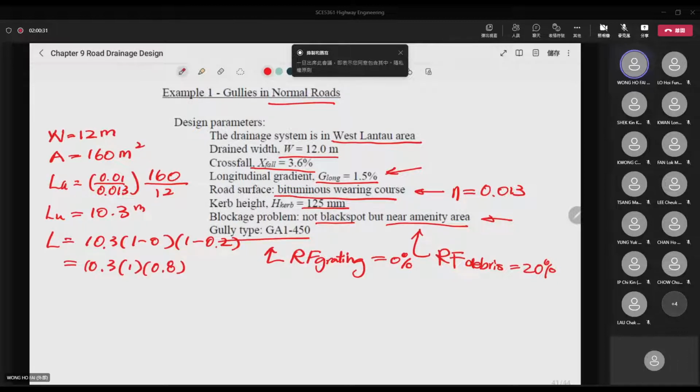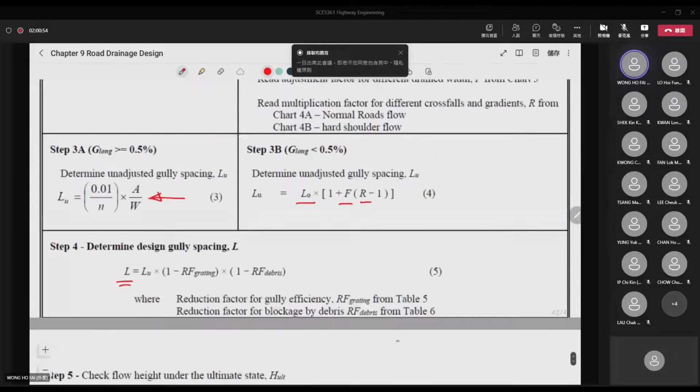Am I correct? Then actually it is equal to 8.2 meter, right? This is the design spacing of the Gaudi.